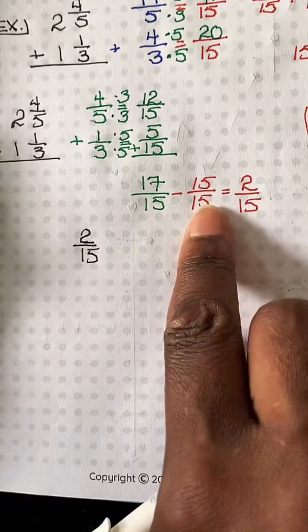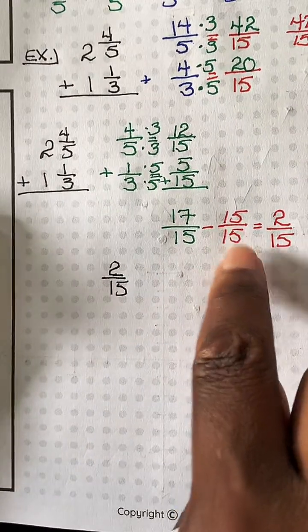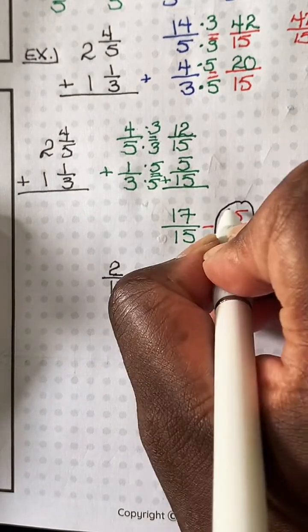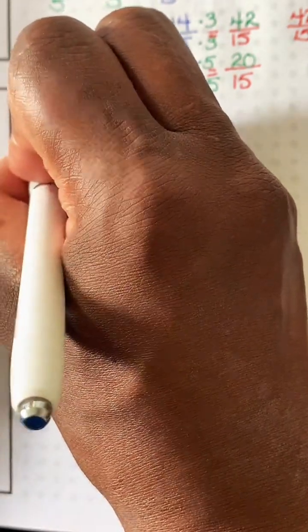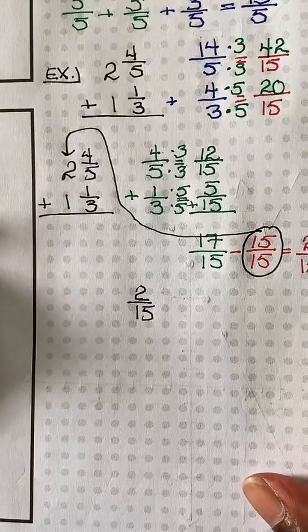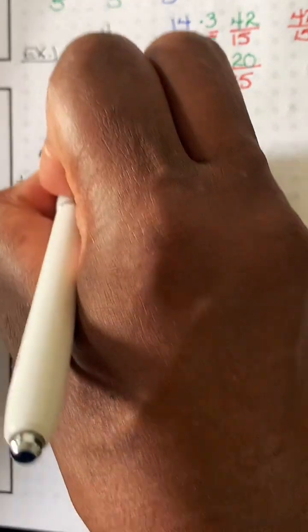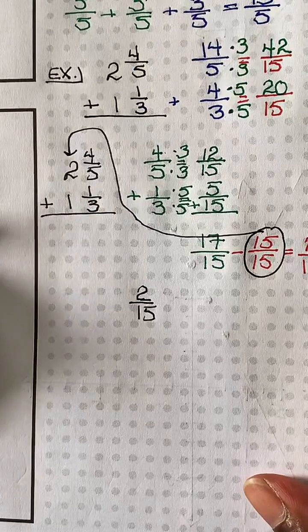But that one that we pulled out, we need to add this one. I'm going to circle it. We're going to need to add this 1 to the whole numbers that we didn't combine yet.